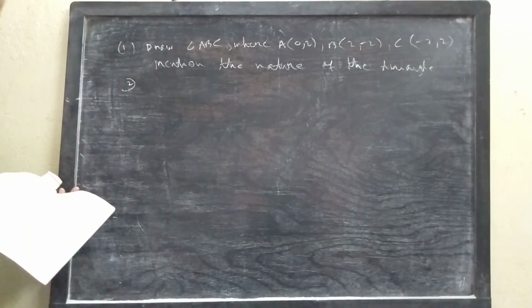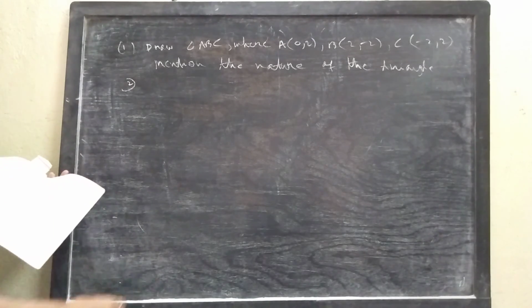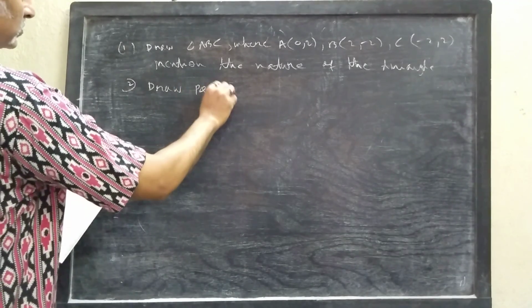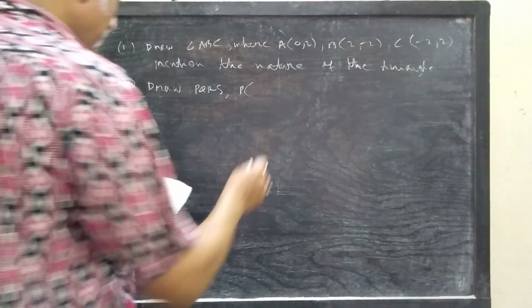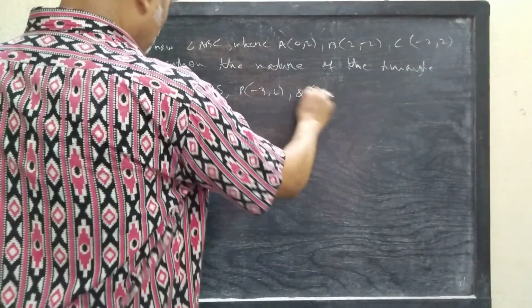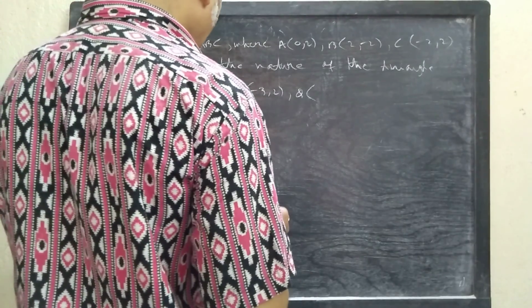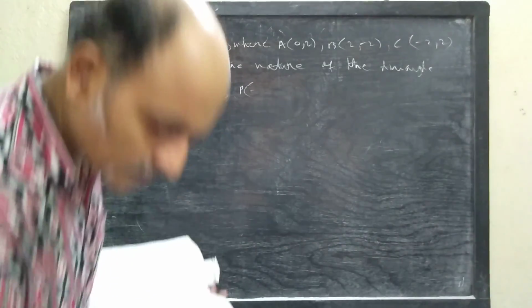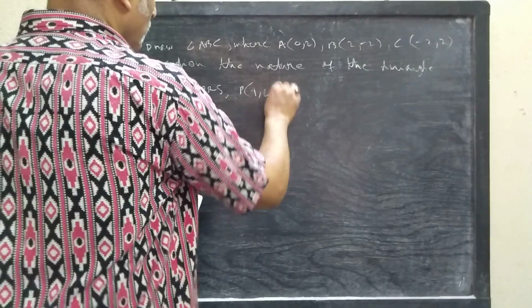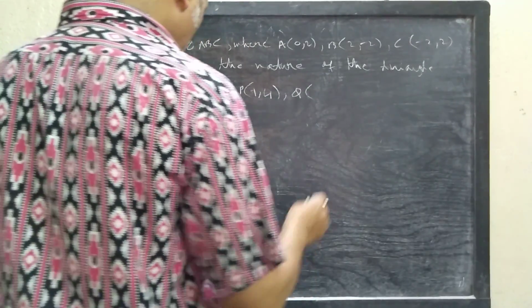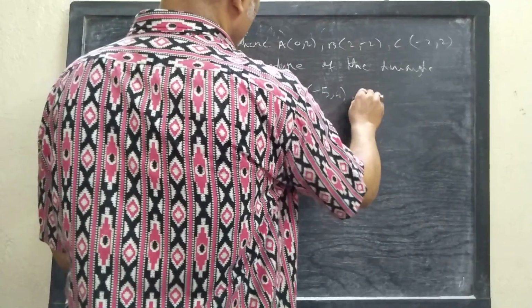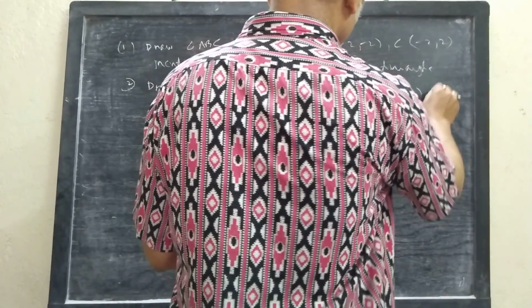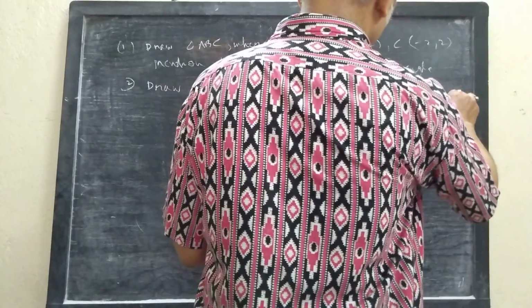Number 2. Draw quadrilateral PQRS where P is (1, 2), Q is (minus 5, 4), R is (minus 5, minus 3), S is (1, minus 3).